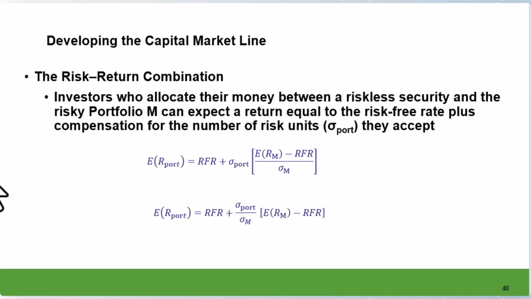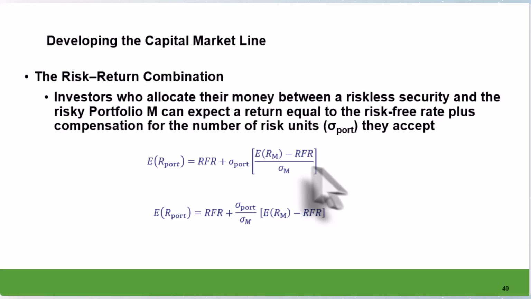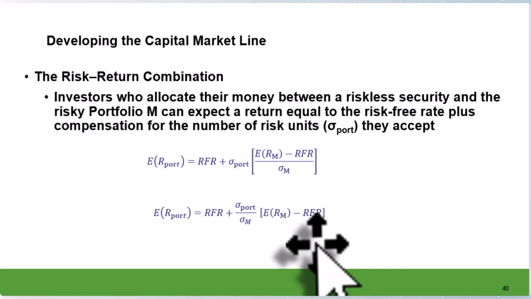So now we have these combinations. The expected return in the portfolio is the risk-free rate, plus the standard deviation of the portfolio multiplied by what's referred to as the risk premium, the market minus the risk-free rate, divided by the standard deviation of the market.